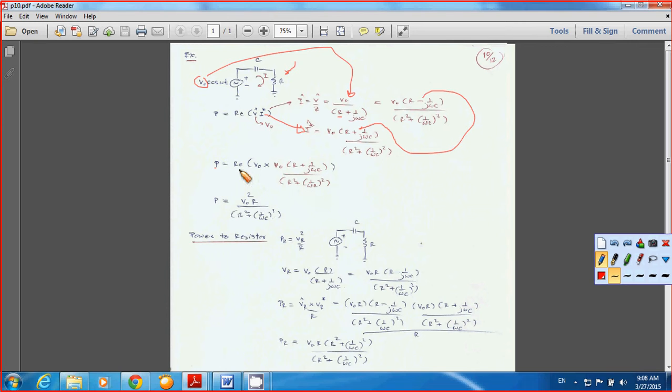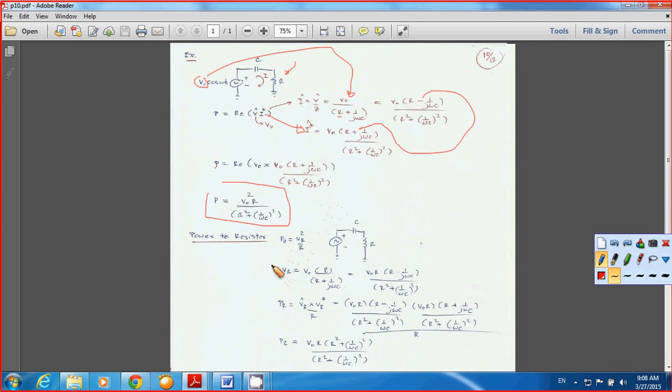You end up with P equal to V0 squared R over R squared plus 1 over omega C squared.